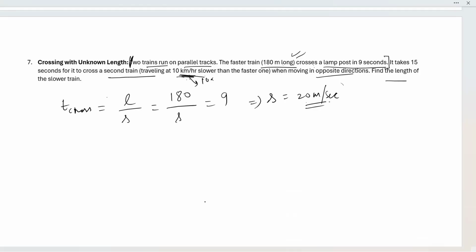So this will be 10 into 5 by 18. So this becomes 25 by 9 meter per second. This is the difference between the two speeds. Okay. Now it takes 15 seconds to cross the second train. Now let's draw this equation.